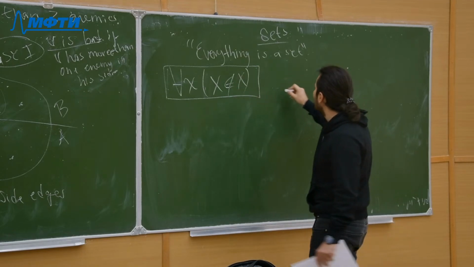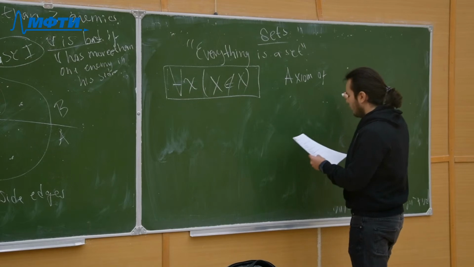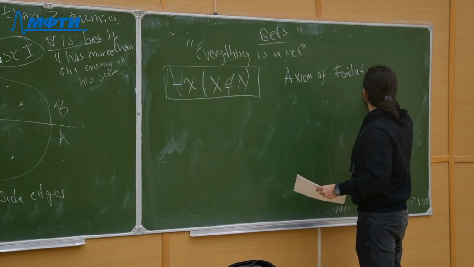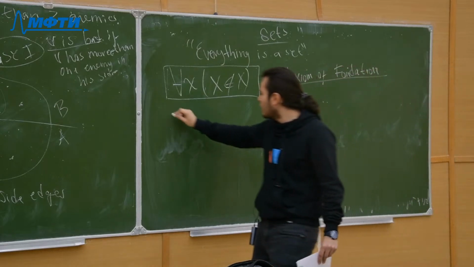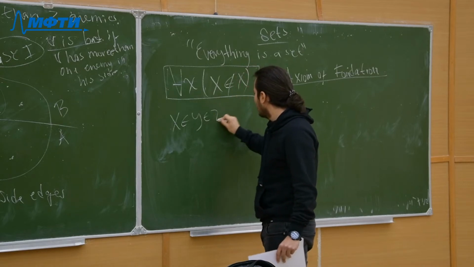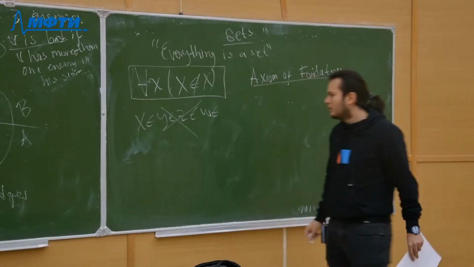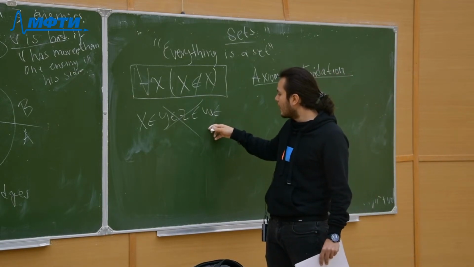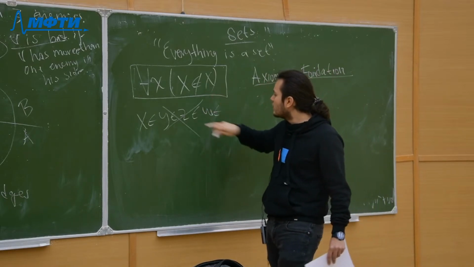And we obtain this from the axiom of foundation, right? And actually this also says that a chain of x containing y containing and so on is not possible as well. This infinite chain is not possible. So this is not possible, and this is not possible as well.